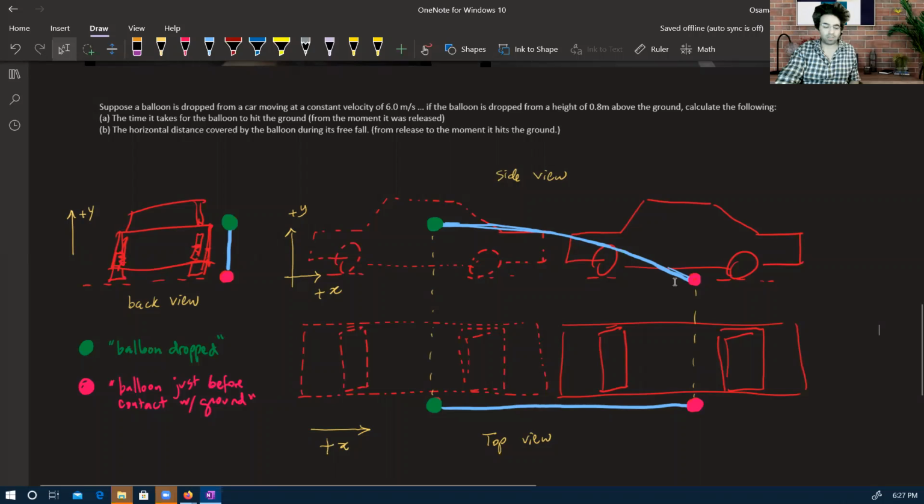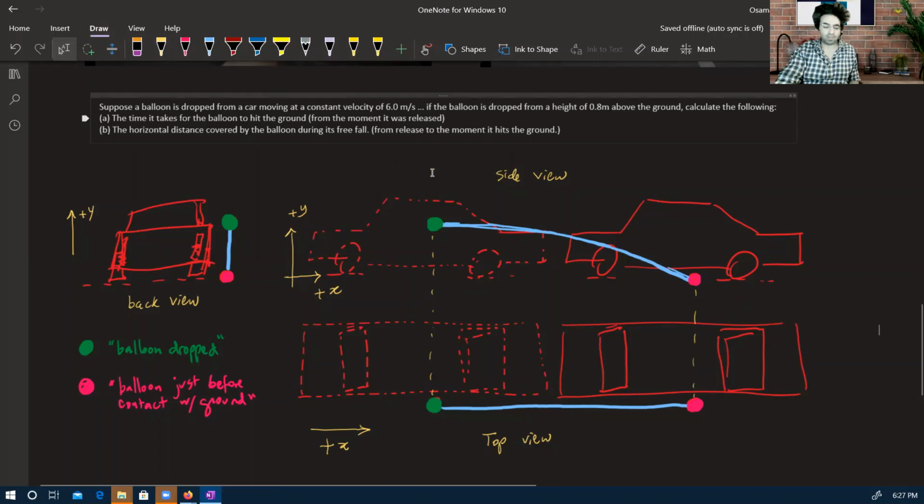And that's exactly how we're going to solve this problem. We're going to think about the Y part of the motion, or the vertical part of the motion, independent from the X part of the motion. The only thing that is common is, in fact, the time it takes for this balloon from the moment it's dropped to the moment it hits the ground.